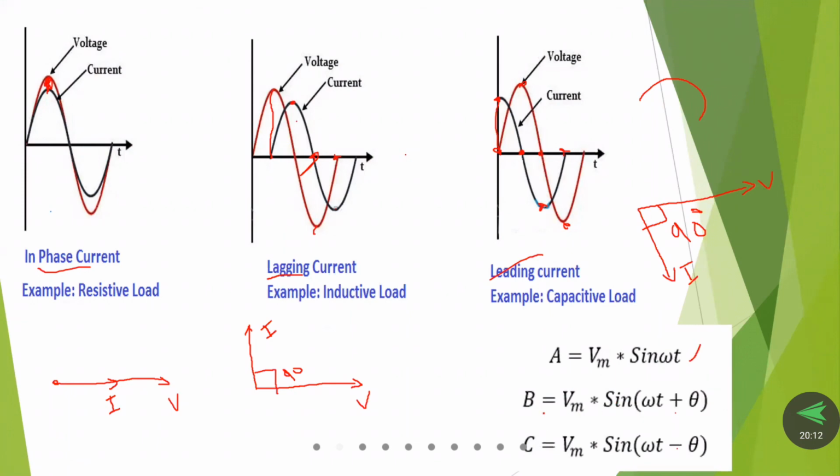Similarly, when we take the leading power factor, if the voltage is leading, for example, here what do we have in the leading position? Voltage is in the leading position.